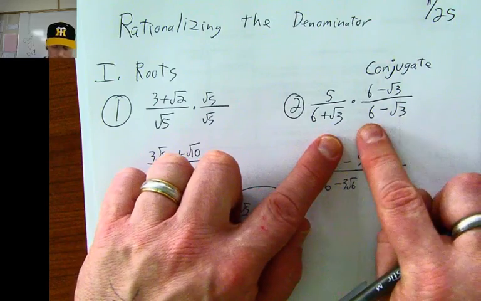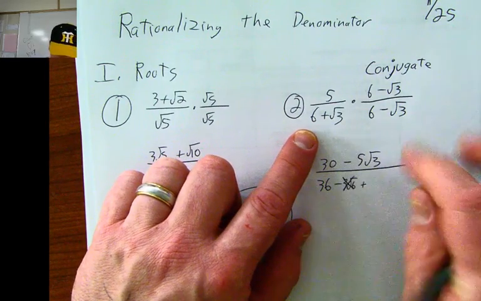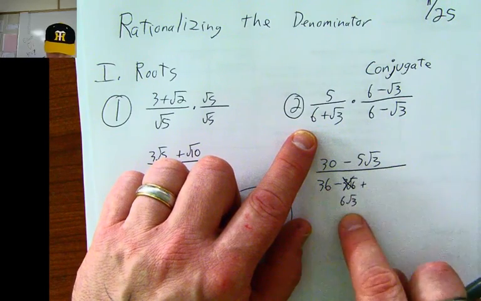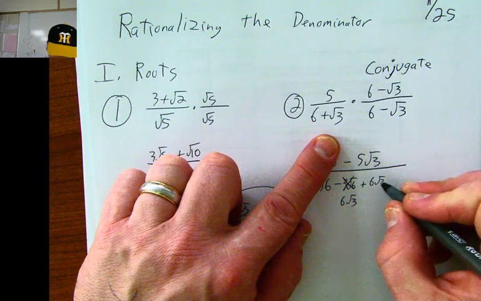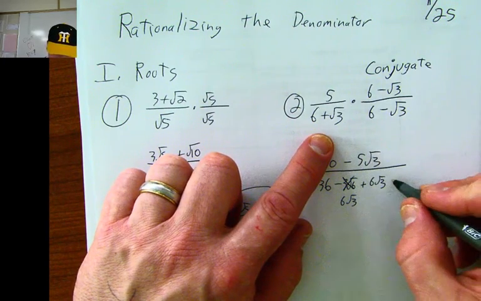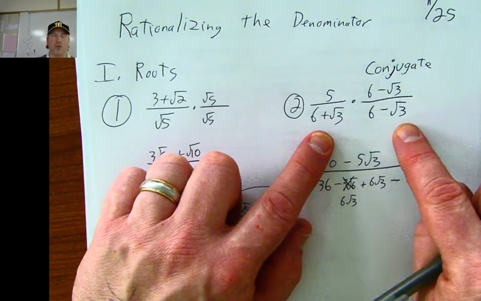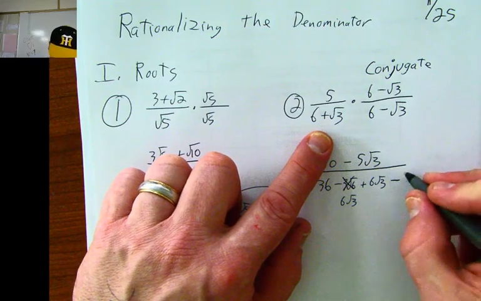You multiply the inners and you get plus, oh wait, I made a mistake. It's minus 6 root 3 for the outers, and then the inners is plus 6 root 3. And then the lasts is negative, positive times negative is negative. Root 3 times root 3 is root 9, which just becomes 3.